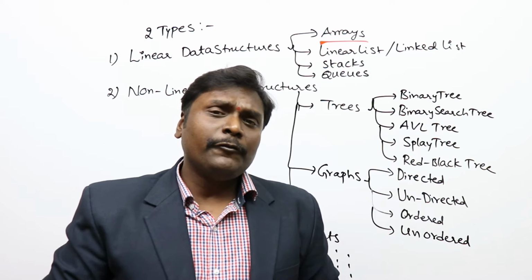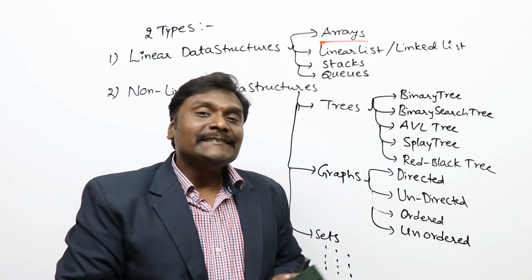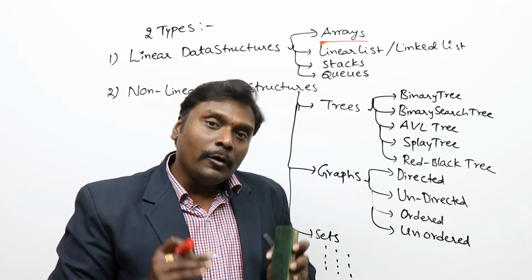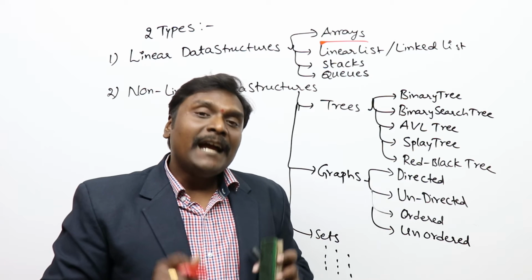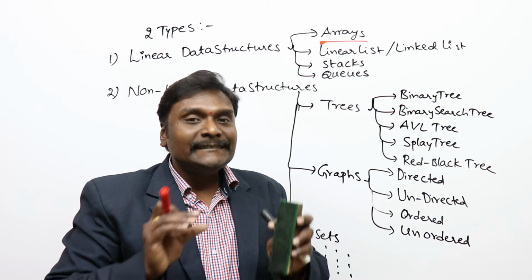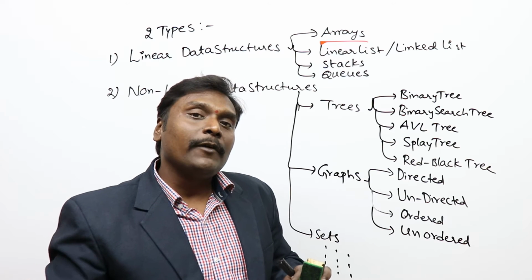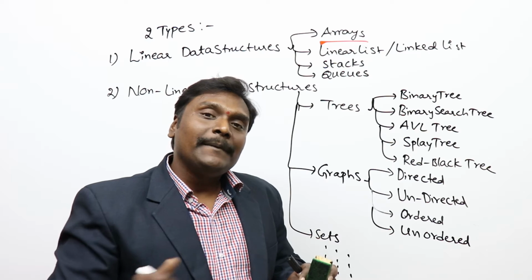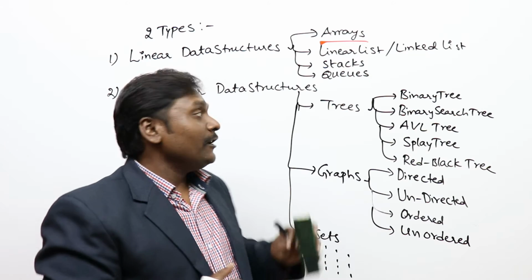But a perfect definition of an array is that it is an indexed collection of a fixed number of homogeneous or similar data items. Once you define an array, the size of the array is fixed, and all the elements you add or insert into the array must be of the same type.